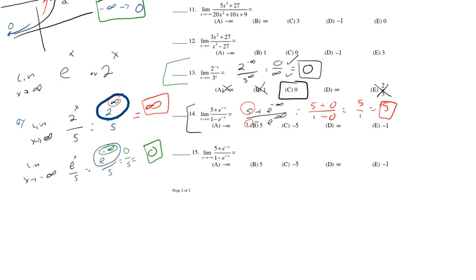So it's always good to look at every piece of the puzzle here. Because e to the negative infinity goes to 0, the 5 and 1 do matter.